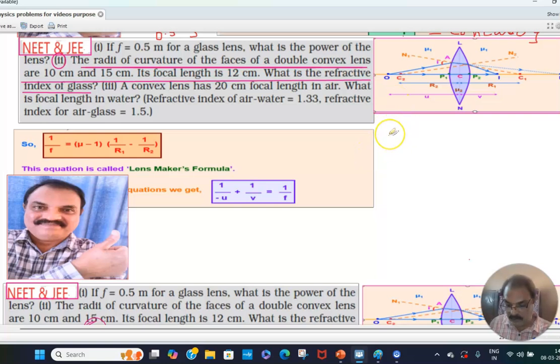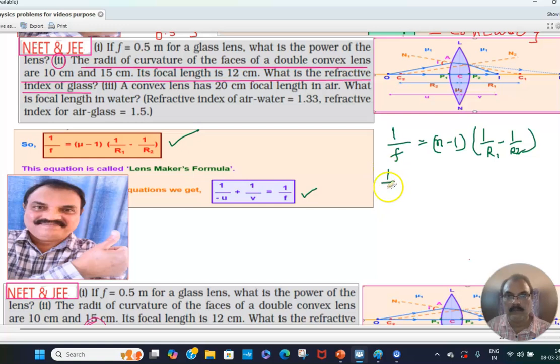The lens maker equation says that 1 by f is equal to (n minus 1), where n is the refractive index, times (1 by R1 minus 1 by R2), which is given here. 1 by f means 1 by 12.